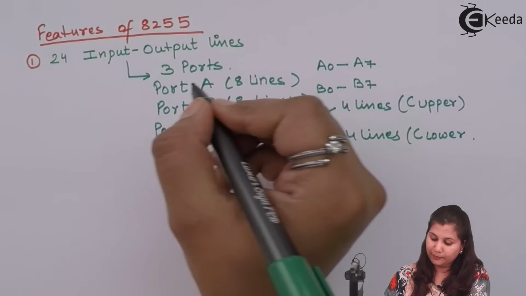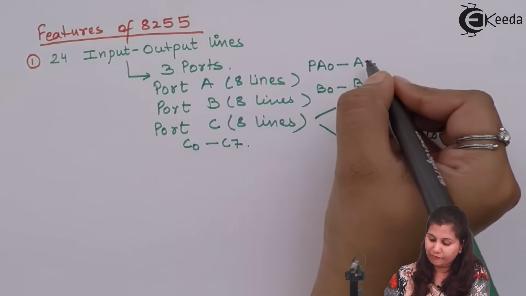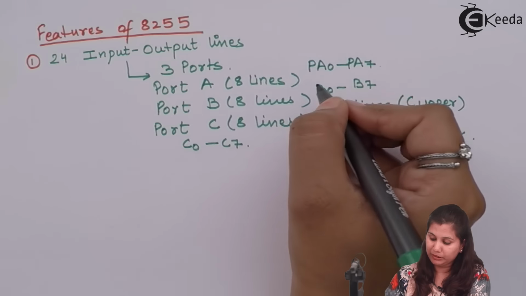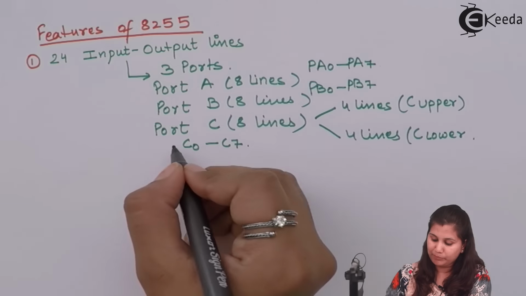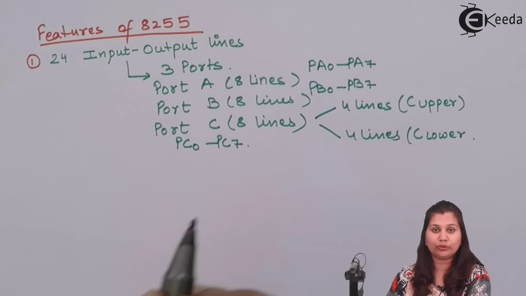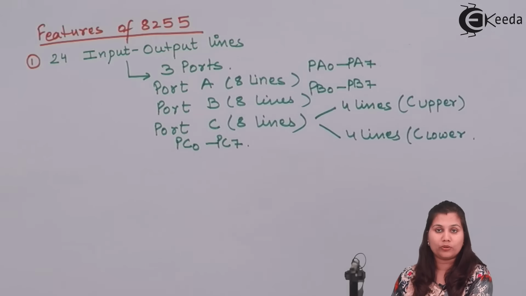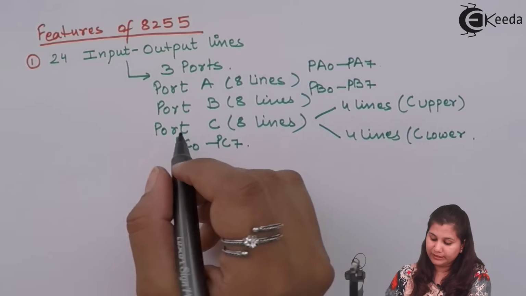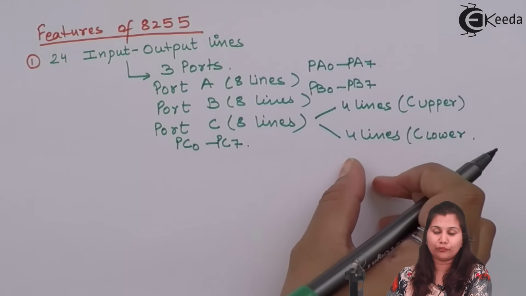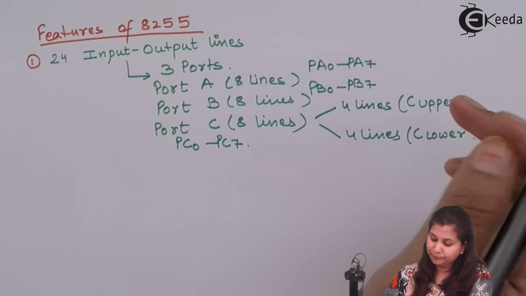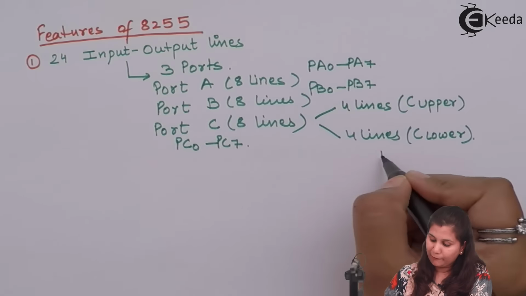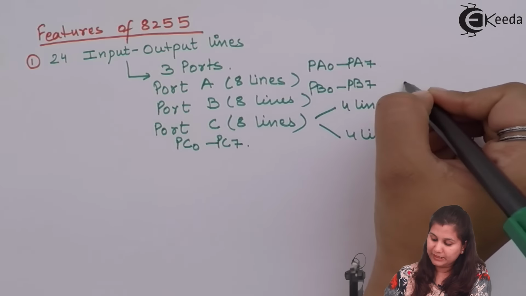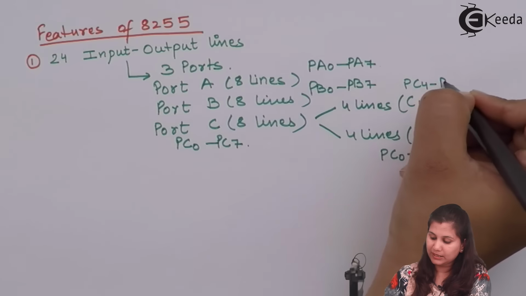Now these are the ports, so the prefix we are writing here as PA0, PA7, then PB0, PB7 and PC0 and PC7 to denote that these are the ports. Okay. Now PC0, PC7, these 8 lines are further divided into 4 lines. So C upper and C lower, we will have PC0 to PC3 and PC4 to PC7.